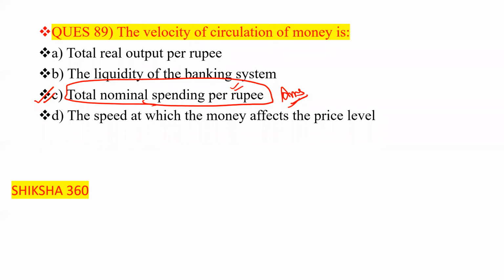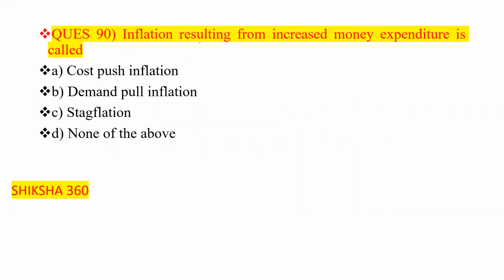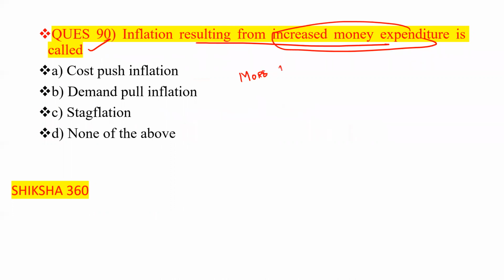Now move to the last question of today's discussion. Inflation resulting from increased money expenditure. With increased money expenditure, there are more buyers and less goods, or we can say less supply.